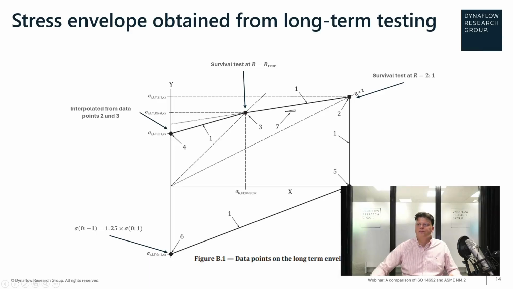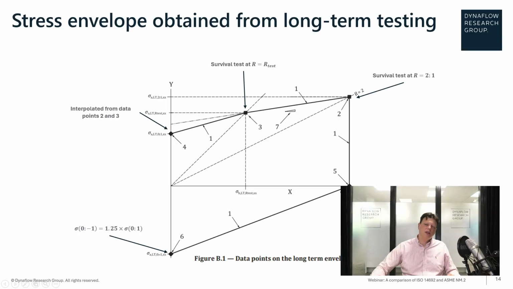So basically, a survival test is done at this biaxial stress point, the 2-to-1 loading. You also do one survival test at a non-biaxial loading point, somewhere at a 1-to-1 ratio, and then you use an extrapolation down to the y-axis to determine this purely axial loading allowable.